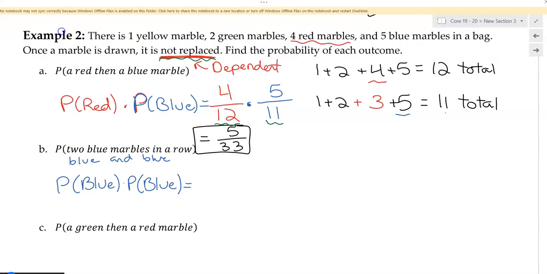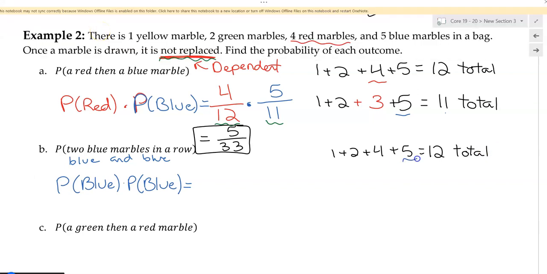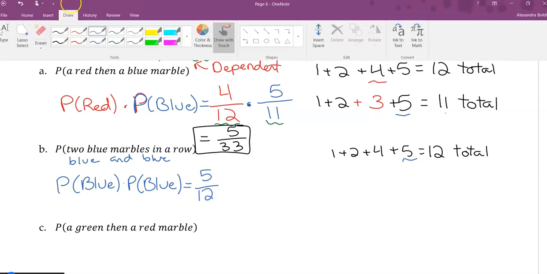Well, again, our first total is 1 plus 2 plus 4 plus 5, right? Still 12 total. And the blue is coming from here, right?